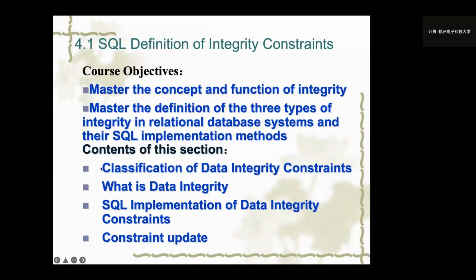The contents of this section are the classification of data integrity constraints, including what data integrity is, the SQL implementation of the data integrity constraints, and also how to update each constraint.